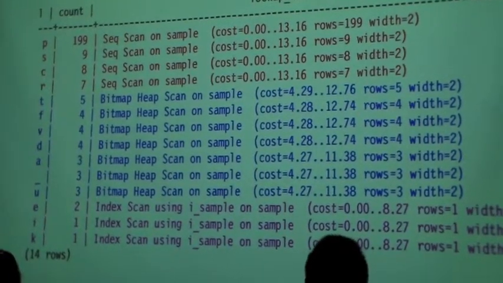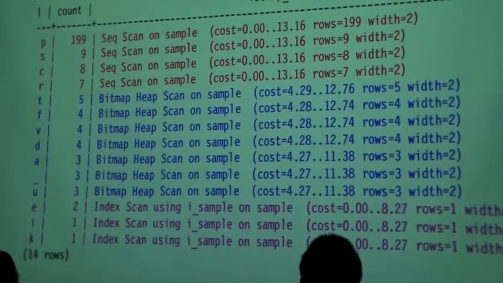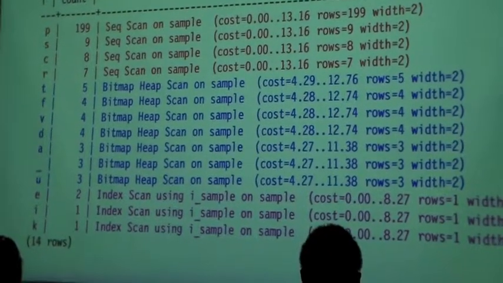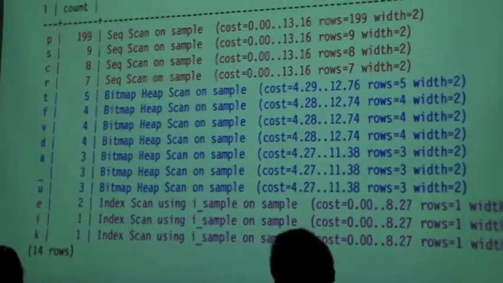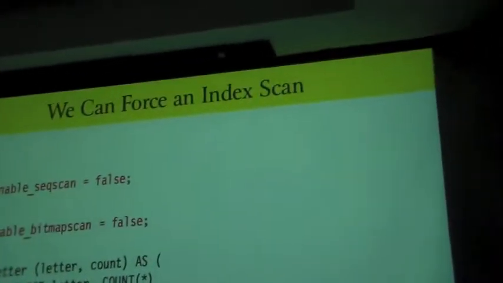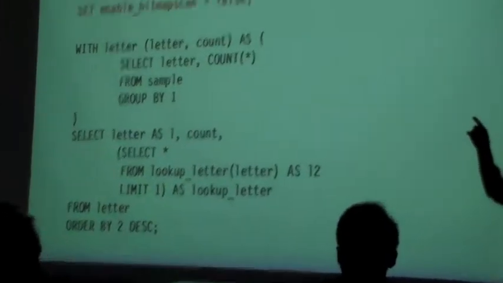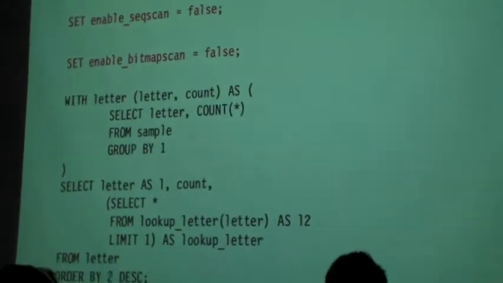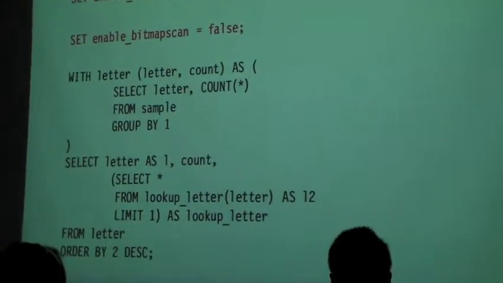Now, if you think I'm making that up, which you could, I want to show you something. What if I force it to do an index scan? I say, I don't believe you, optimizer.